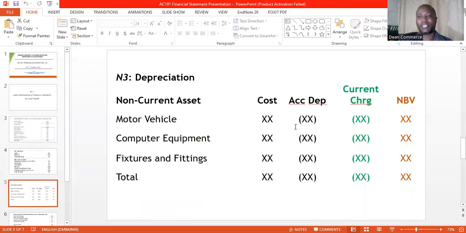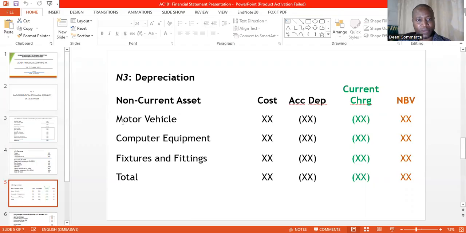So what we have here is depreciation, which is note number 3. This note is going to help us also in the statement of financial position, because we are going to generate the net book values. So what we are going to do here is compute the depreciation for non-current assets.